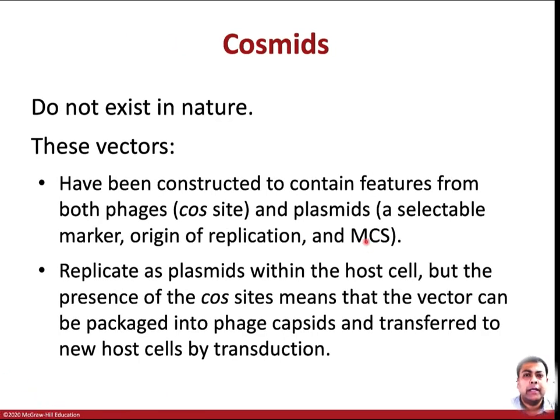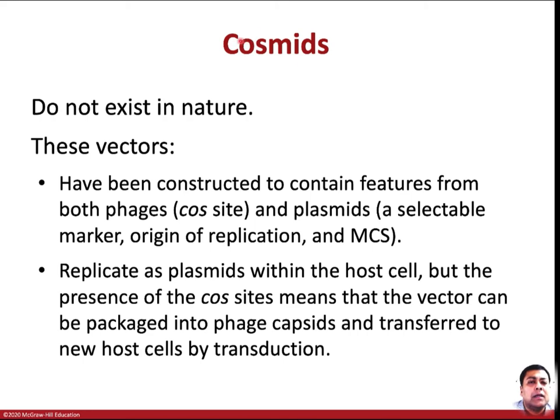Next, we are going to take a look at the next kind of vector, which are the cosmids. They do not exist in nature, and as the name suggests, they have something to do with a plasmid, and the cos is actually a site which comes from the cohesive ends. If you have a cos site, these can be packaged into a bacteriophage.